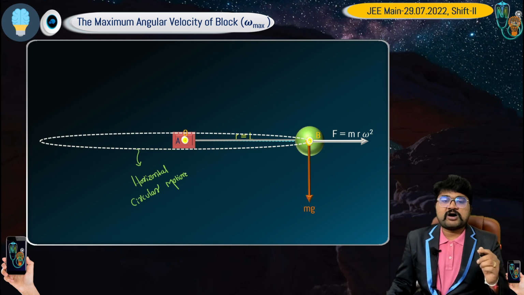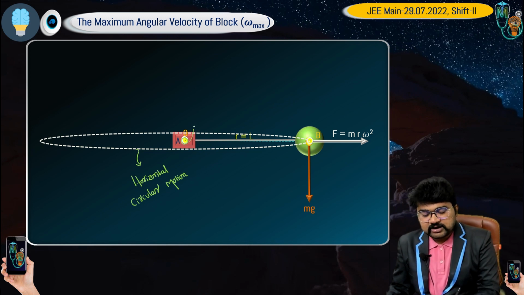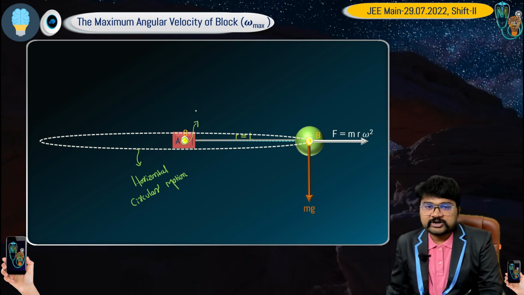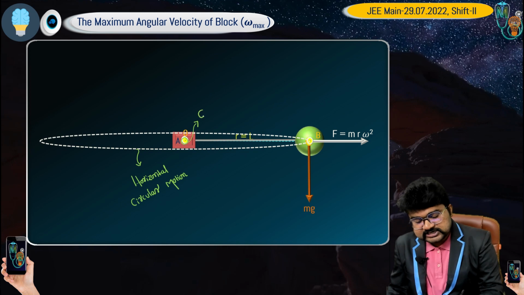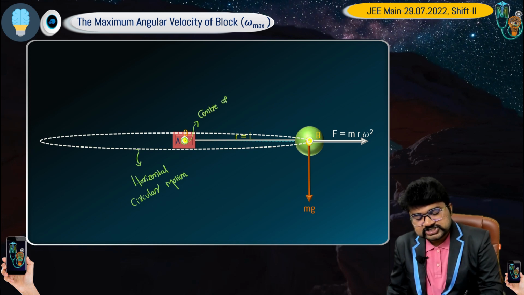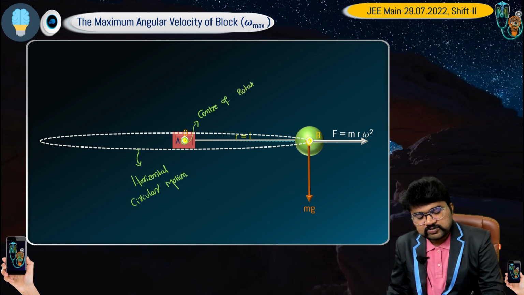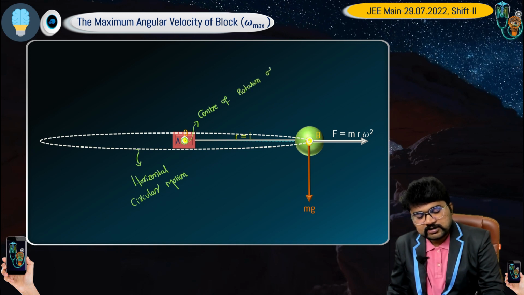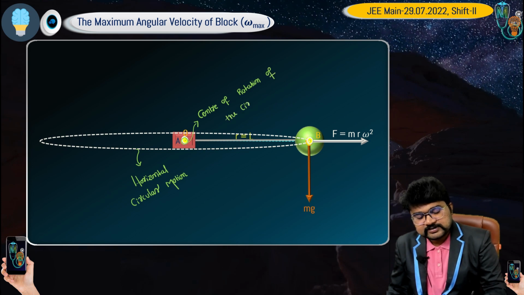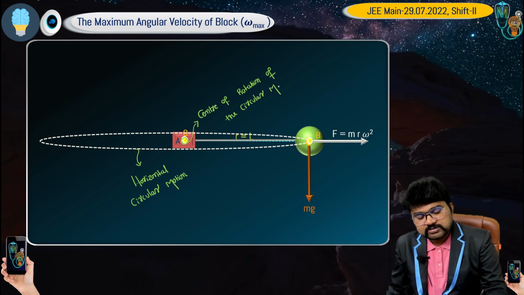Centrifugal force always acts away from the center of rotation of the circular path. This is the center of rotation of the circular motion of the body.